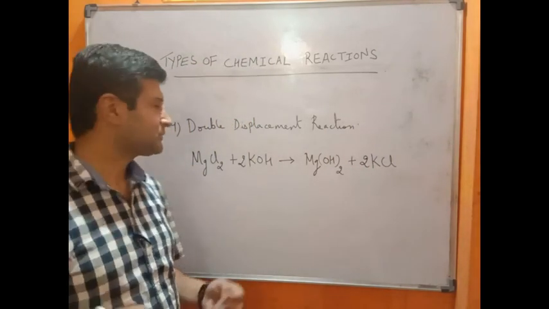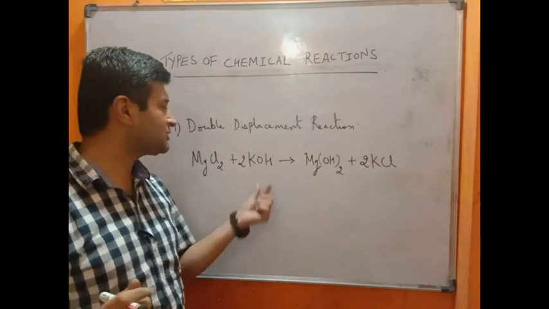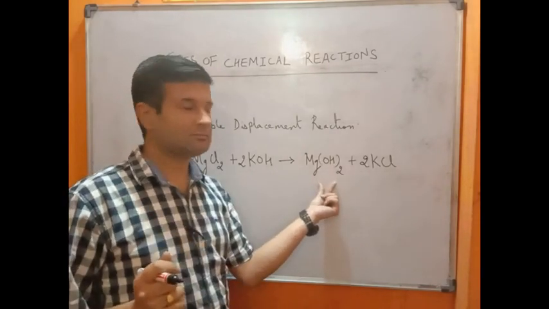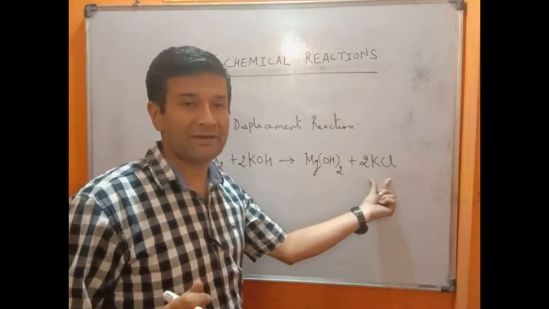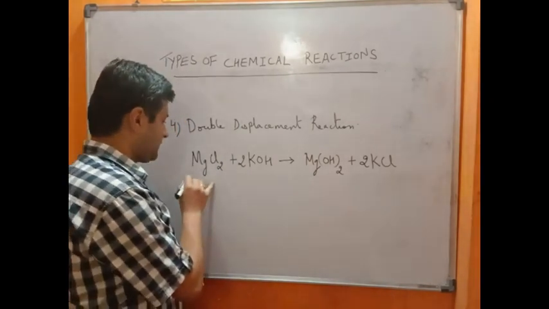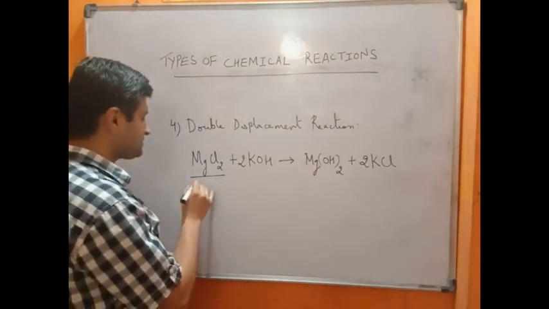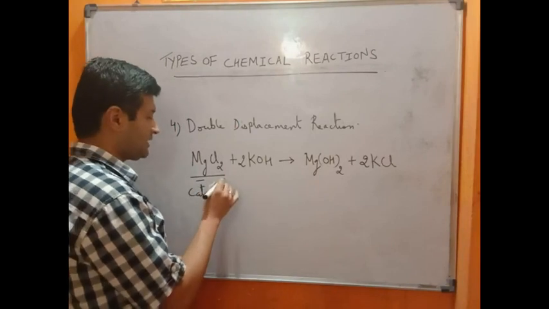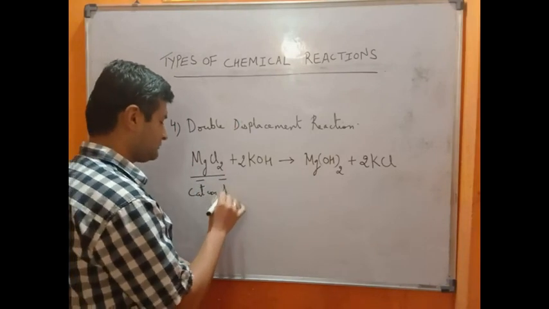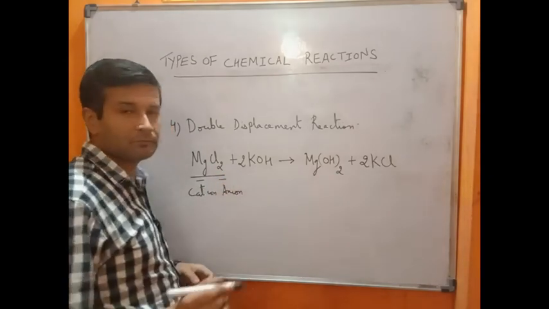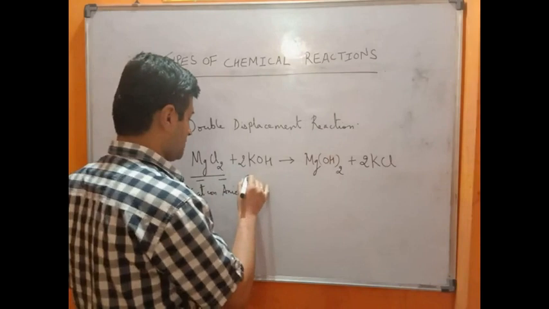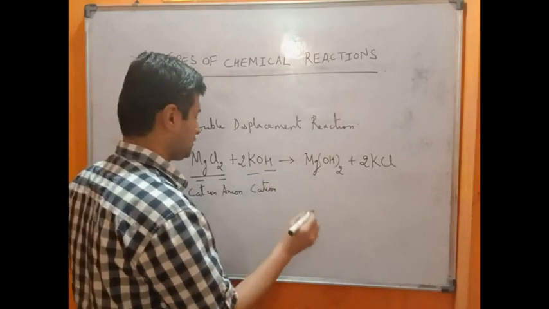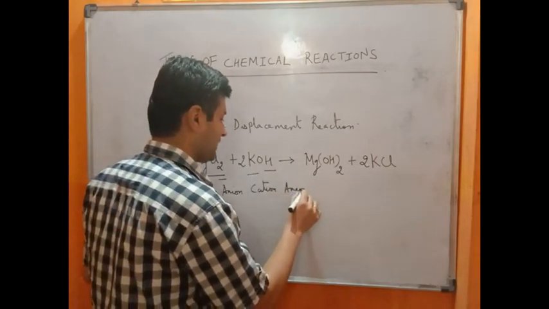So here you can see that when magnesium chloride reacts with potassium hydroxide, it gives magnesium hydroxide plus potassium chloride. Here in MgCl2, magnesium is the cation and chlorine is the anion. And in the other compound, potassium is the cation and OH is the anion.